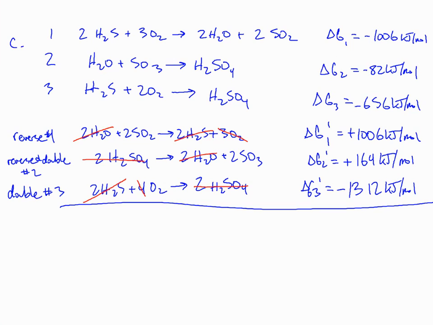And basically what you want left over is the original reaction that we were looking for. 2SO2 plus O2 yields 2SO3. The delta G for this reaction, now all we have to do is add these 3 numbers together.